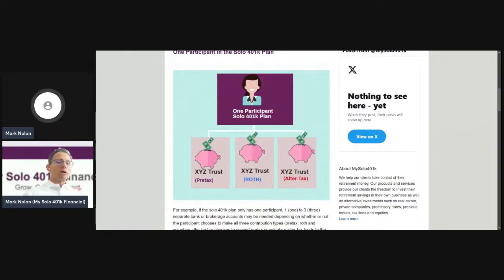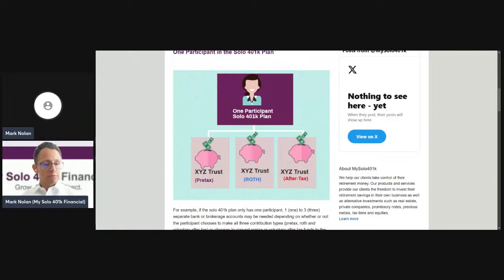If we're talking about a 1 participant plan where there's only 1 participant in the plan, you would have 3 separate bank accounts or brokerage accounts under the plan. So it's still considered 1 solo 401k plan, but because a solo 401k is a defined contribution plan, the law requires that you have separate sources for each separate brokerage or bank accounts for each source.